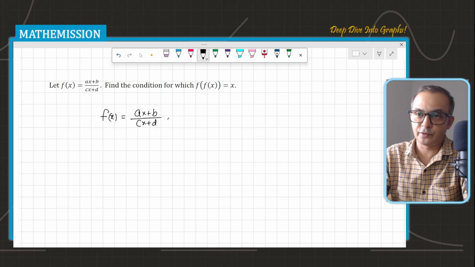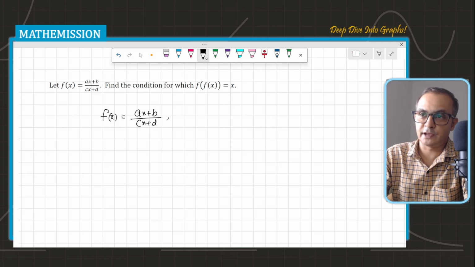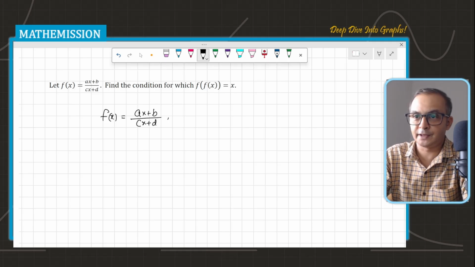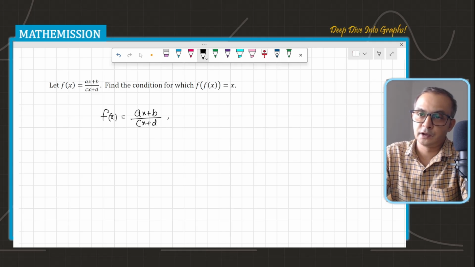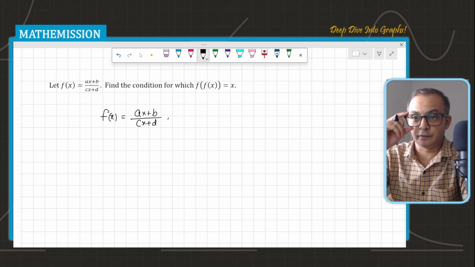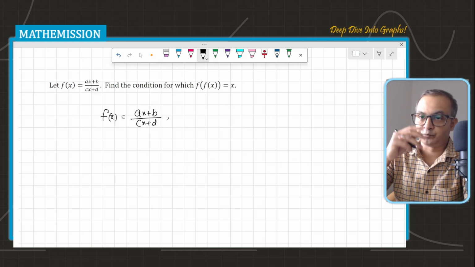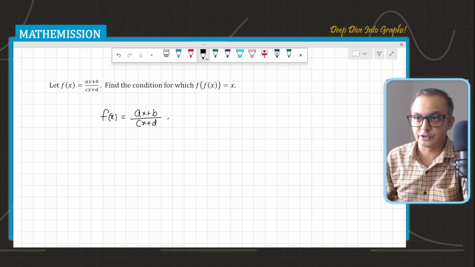So there is an analytical way, just by substituting the f of f(x) and comparing the right hand side and left hand side with the coefficients and get the value. But I want to make you understand how we can see the whole scenario graphically. So graphically we can just understand why it is happening, and it's very fun and interesting.